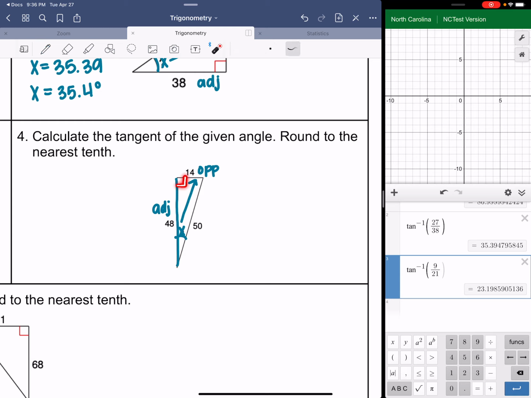So here we can see the 90-degree angle, and directly across from that would be the hypotenuse, which is 50. For tangent, we just need opposite over adjacent. So the tangent of x is equal to 14 over 48. So x equals the tan inverse of 14 over 48.